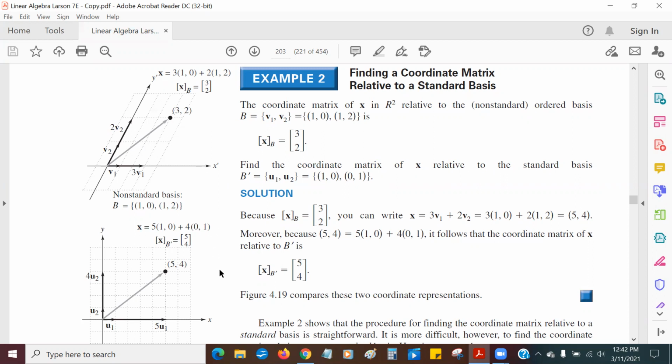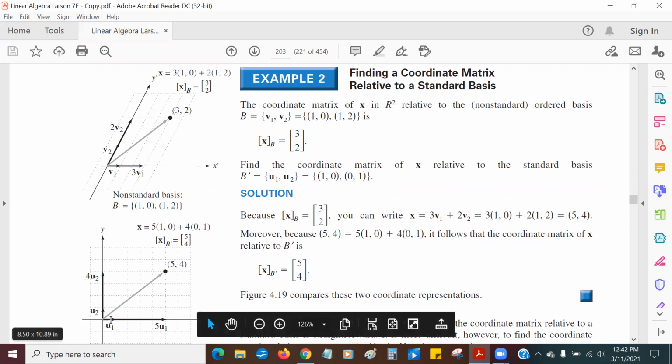In the bases that we all know, where we have little rectangles here, it's 5 of these horizontal vectors and 4 of these vertical vectors. U1 is (1, 0), U2 is (0, 1). So 5 of these and 4 of those, and we get to that point.